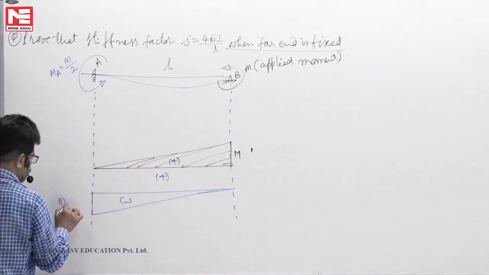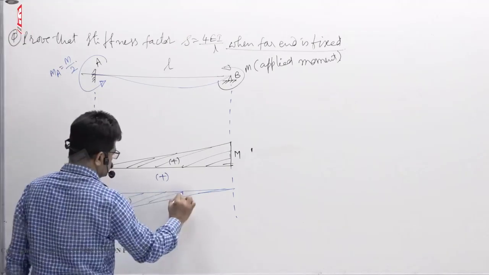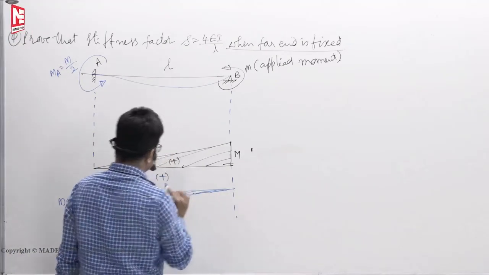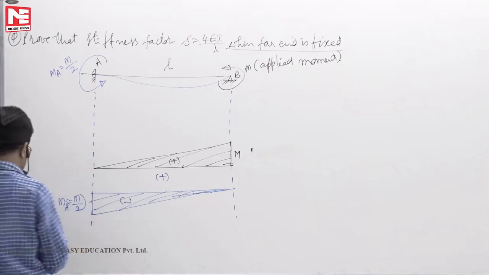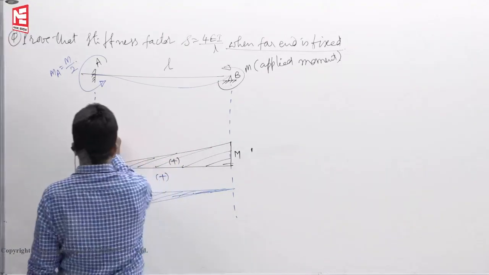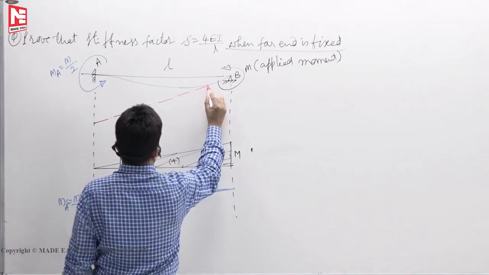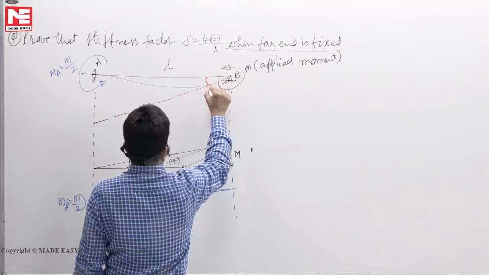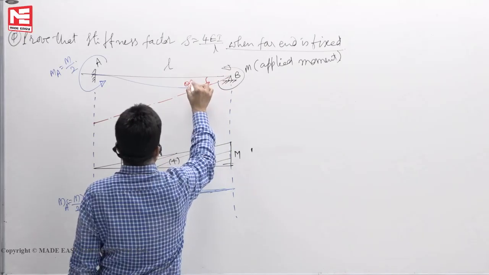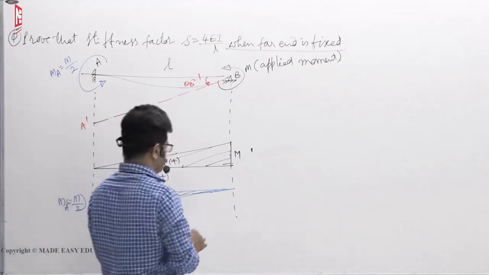This value MA is nothing but M by 2. Okay. Now, here you drop a tangent. We wanted this theta B as 1.